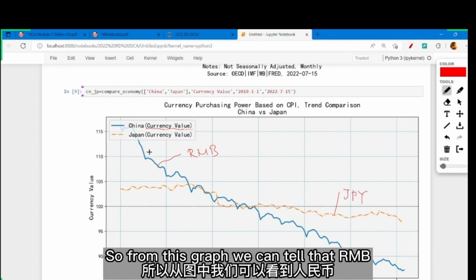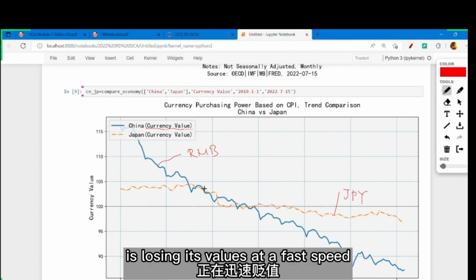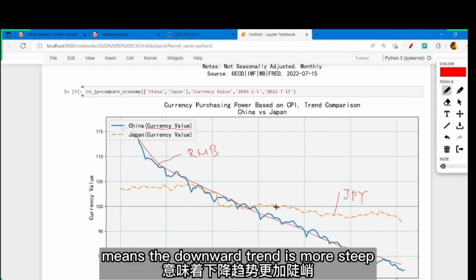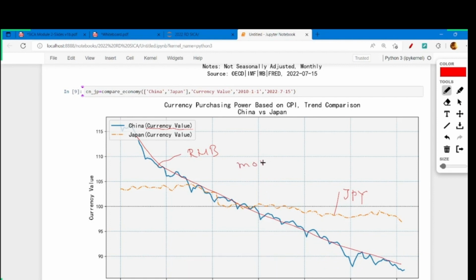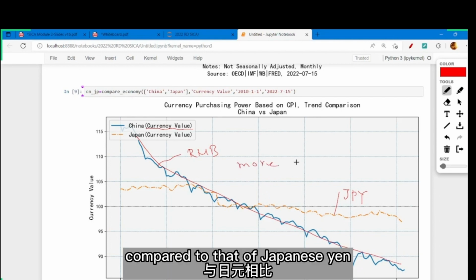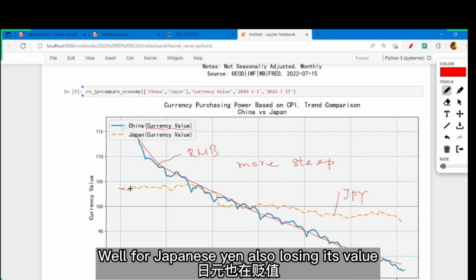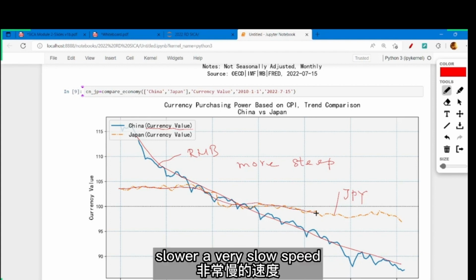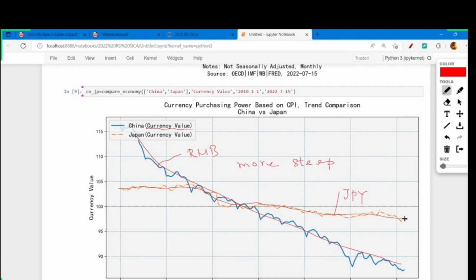From this graph, we can tell that RMB is losing its value at a faster speed, which means the downward trend is more steep compared to that of Japanese yen. Japanese yen is also losing its value, but at a very slow speed.